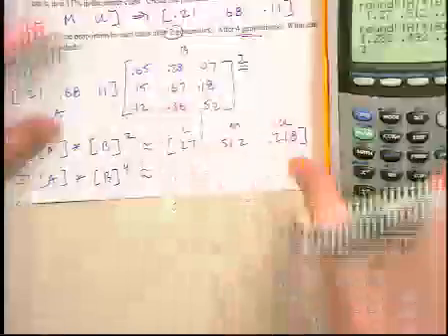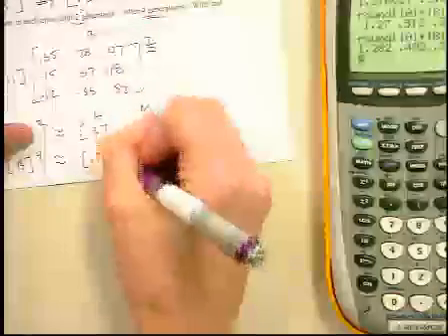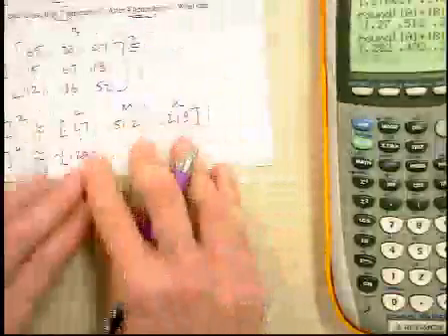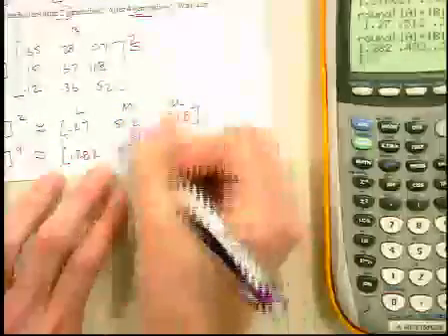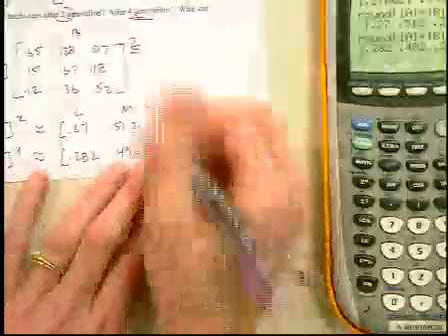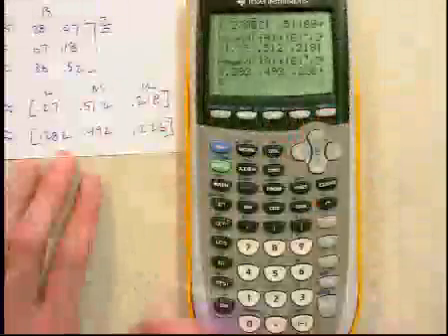Remember, we haven't changed those matrices at all because we didn't use that store feature. This gives us 0.282. Lower class is pretty close, not a huge change there. 0.492. Didn't change a ton, really kind of steady there. And then 0.226.